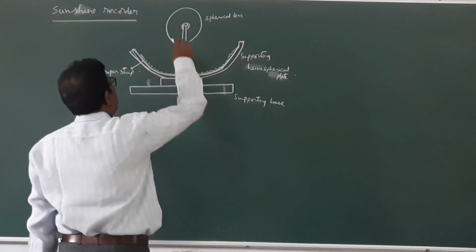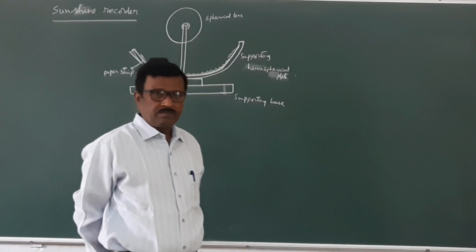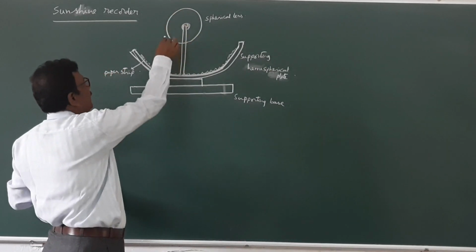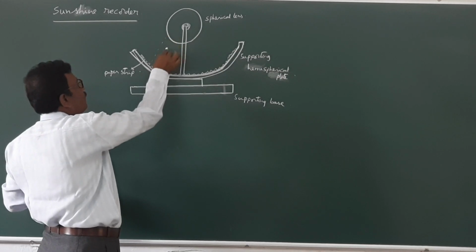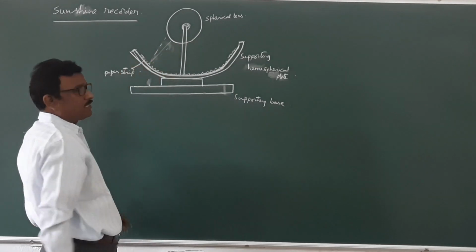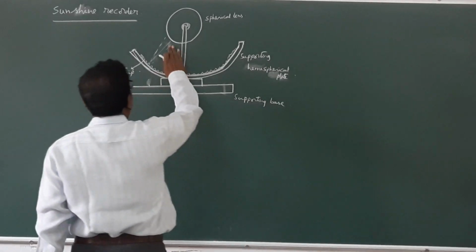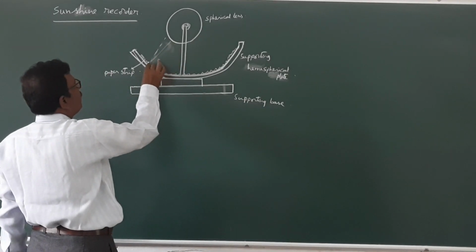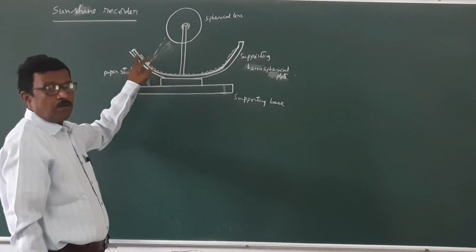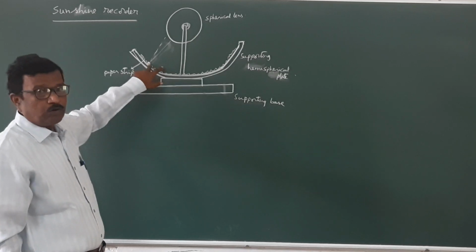Now, when solar radiation is incident on the spherical lens, this lens will focus the solar radiation like this. When the solar radiation is focused, an enormous amount of heat is produced and the paper will burn. The paper strip, which is fixed over the plate, is burned.